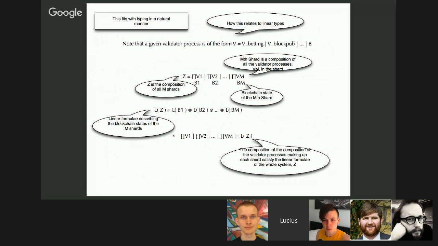And what we're saying is that the big parallel composition of the little parallel compositions of each of the validator chunks has to satisfy the linear type of the entire system. So what that means is this is actually going to describe sort of legal transitions across the entire blockchain state.